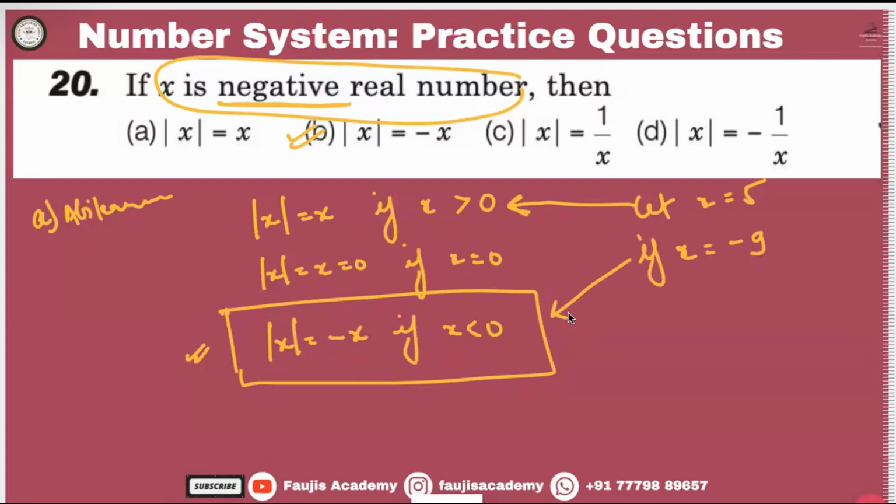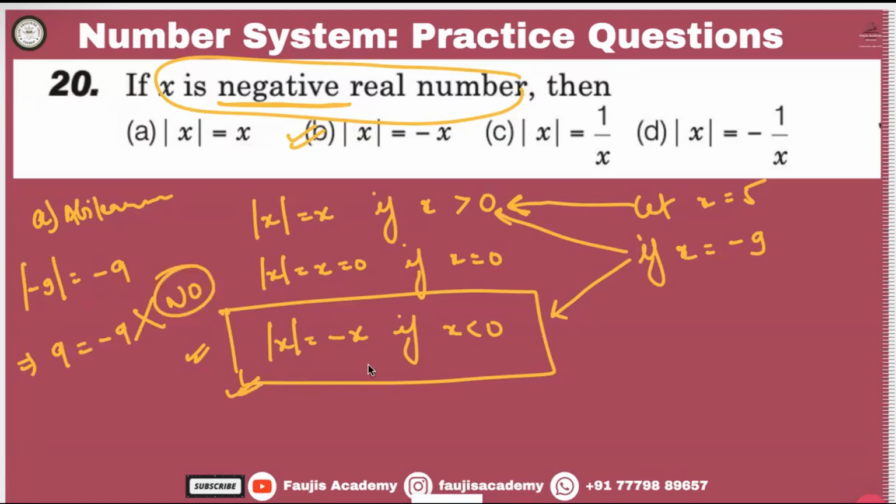We know any number that comes out of the modulus has to be a positive number. So if we go by this way, what actually happens? Mod of minus 9 is equal to minus 9. Is it correct? You are getting out of mod, that means 9 and minus 9. Is it correct? No, it's not correct.